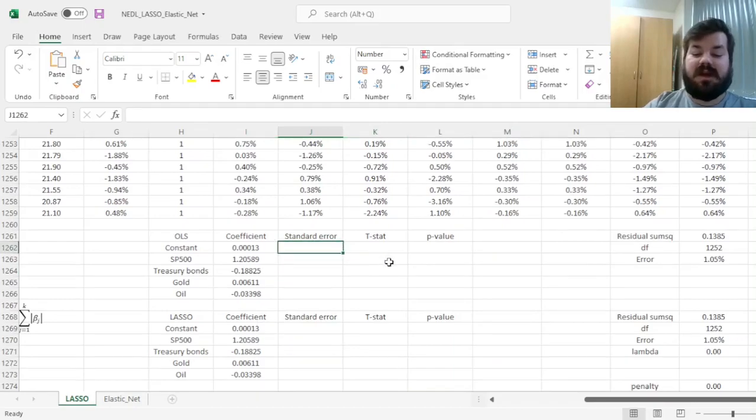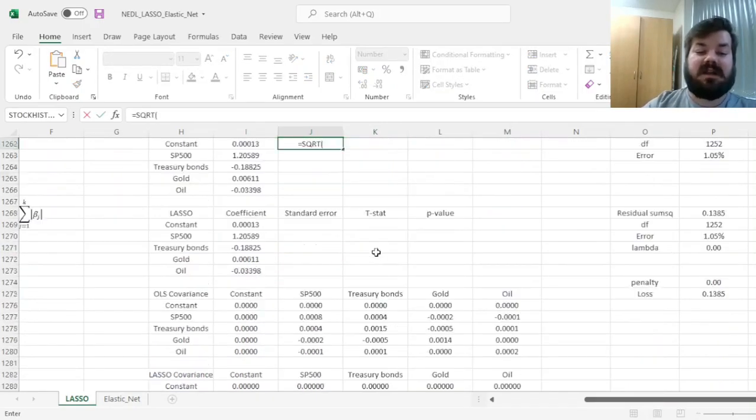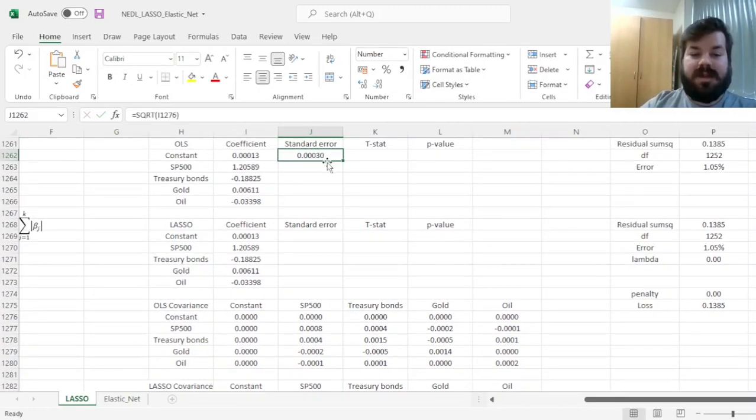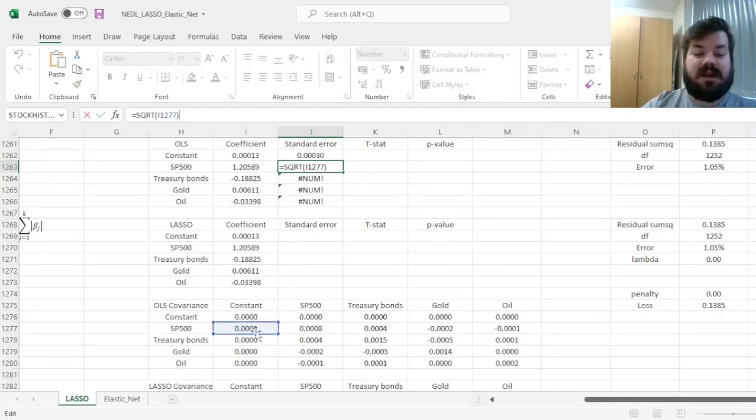We can verify that by calculating the square root of diagonal elements that represent standard errors of coefficients themselves, as the diagonal of a covariance matrix has on it the variance of the respective elements. And then we can drag it down and adjust so that it refers to the diagonal elements.